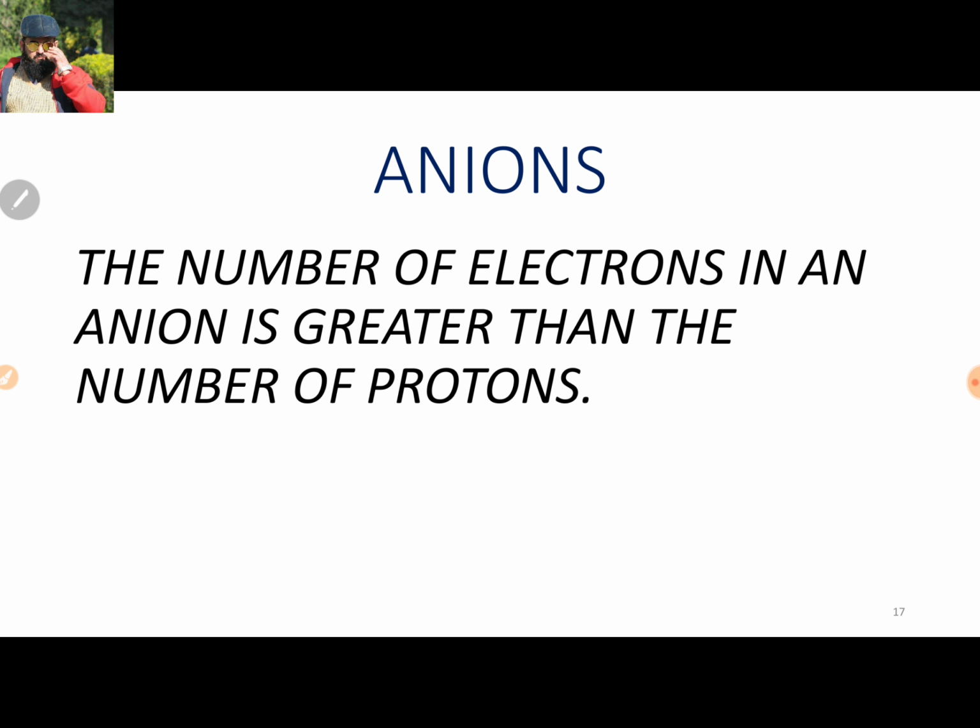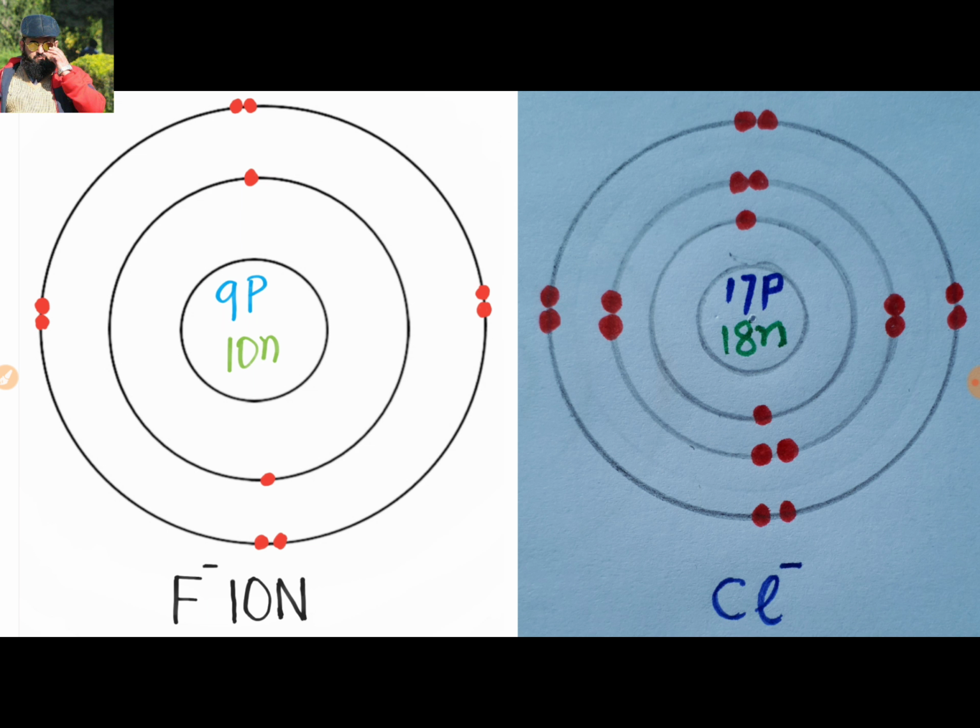The number of electrons in an anion is greater than the number of protons because this negative charge comes due to the absorption of electrons in its outermost shell. Here you can see I have drawn the fluoride ion. A fluorine atom has 9 protons and 9 electrons: 2 electrons in the first shell and 7 electrons in the second shell.